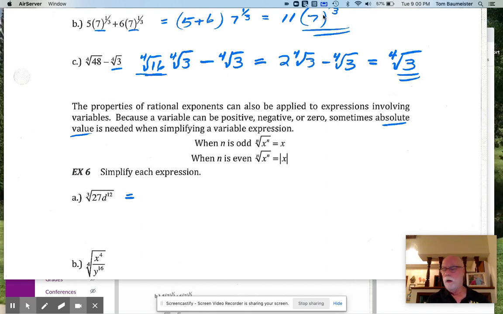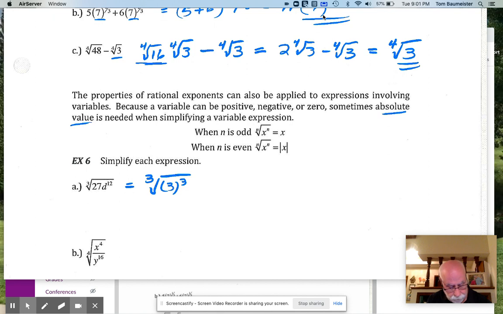So on the first one here, again, you want to take that 27 and simplify it. Eventually you're going to figure some of these out, but 3 times 3 is 9, times 3 is 27. So I can write this 27 as 3 cubed. And then I have d.